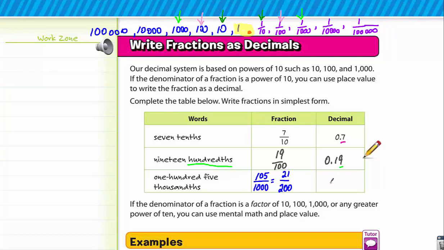When we want to write this as a decimal, however, we have to go back to 1,000ths, and we write it like this. And notice that 5 right there is in that thousandths place. All right? So it's 1, 2, 3 places to the right of the decimal.